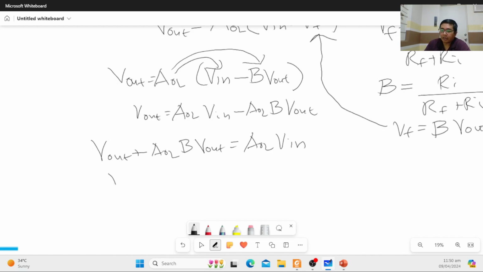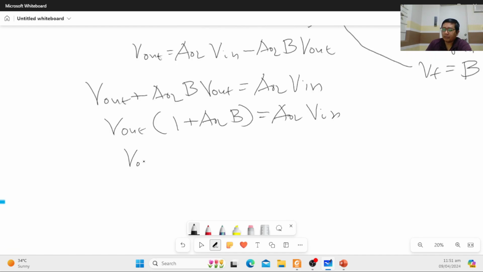So we can factor out V out. So that is 1 plus AOL times the attenuation B equals AOL times V in. So we have V out. Of course, divide natin yan sa V in. So ito yung V out natin and this is our V in.